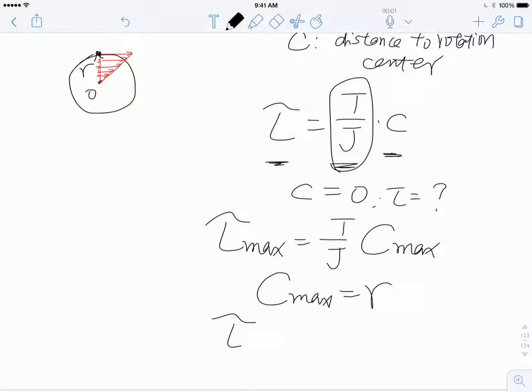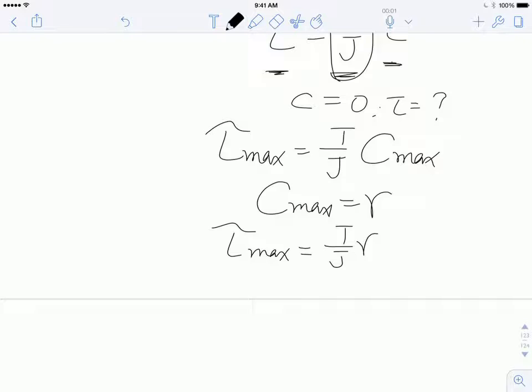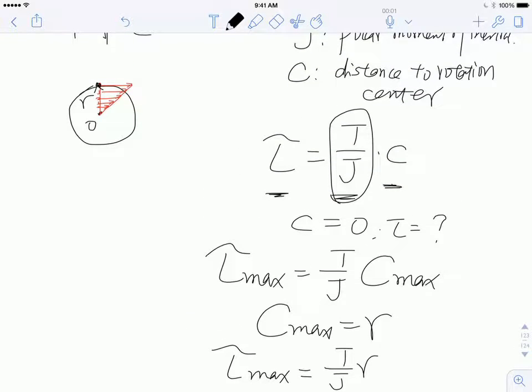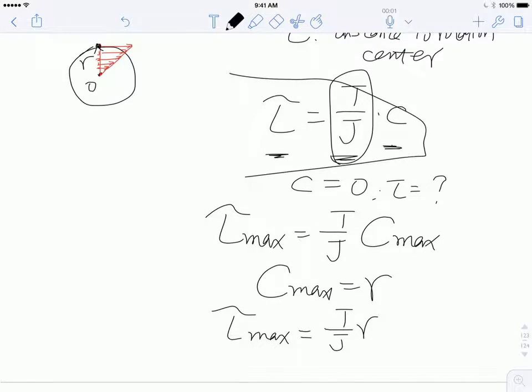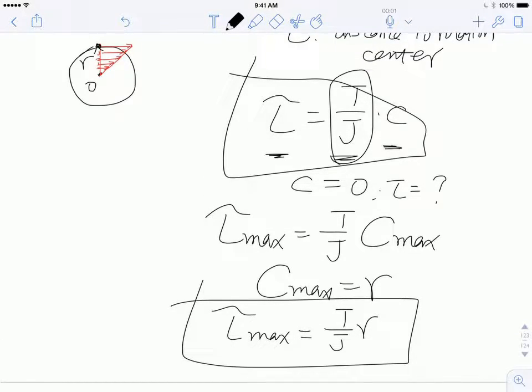So that tells you tau max equals T over J times R, R being the radius. Make sense? That tells you the maximum shear stress always happens on the surface of the cylinder, when it's furthest away from the rotational center. So remember these two equations. They are very important. We will be using them for the examples.